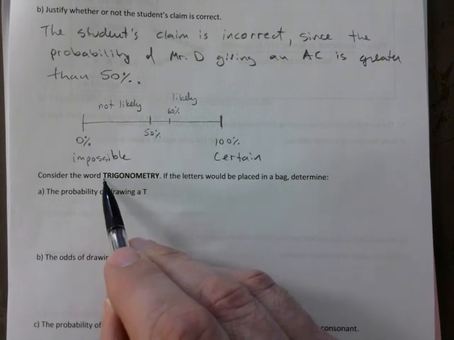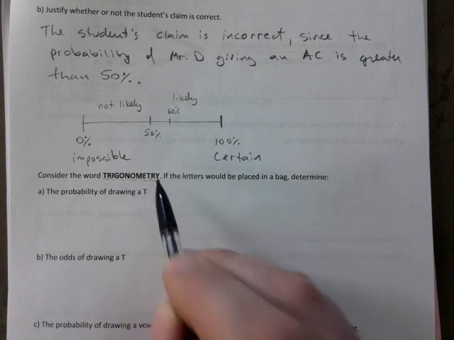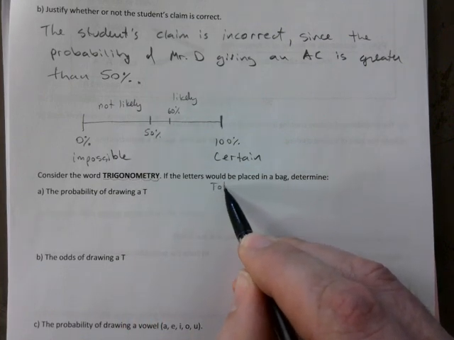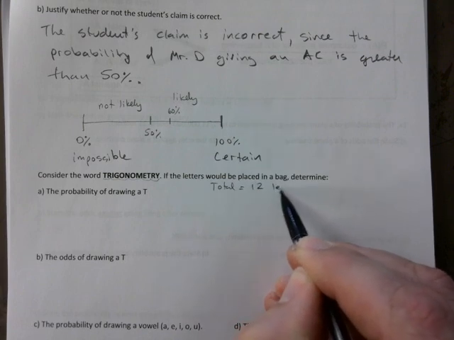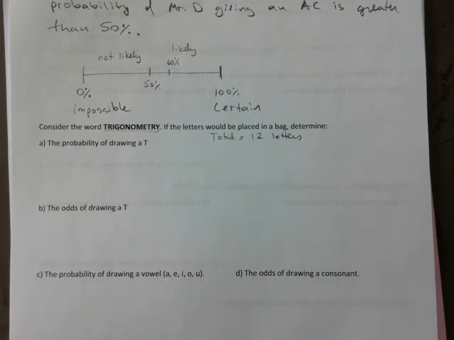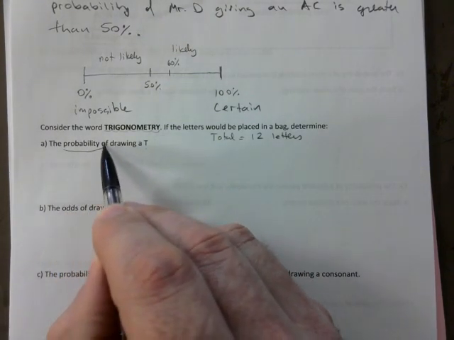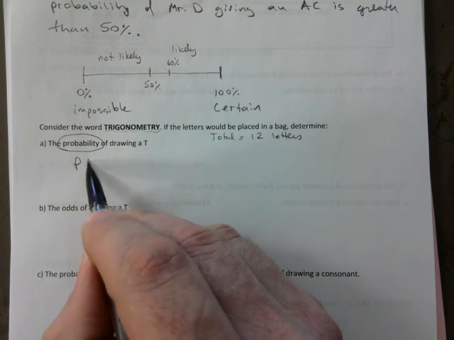Consider the word trigonometry. First thing I'm going to do is count. 2, 4, 6, 8, 10, 12. Total would be 12 letters. Okay. And so what's the probability of drawing a T?